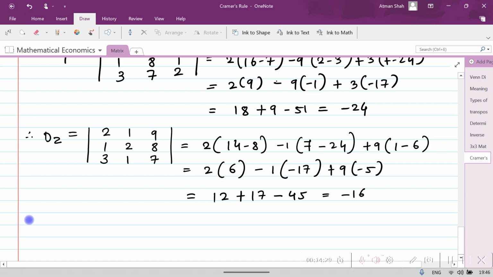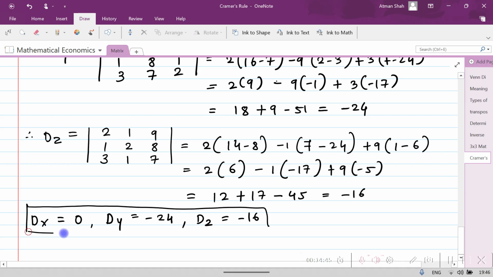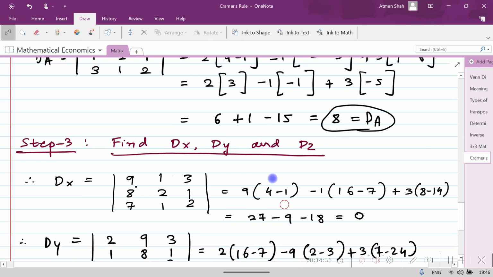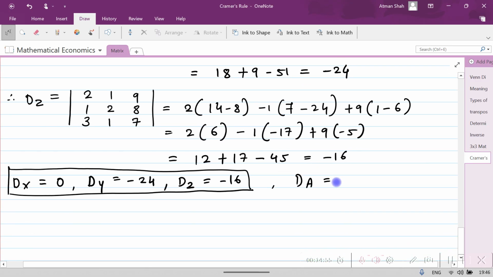So now the determinant of x is 0, the determinant of y is equal to minus 24, and the determinant of z is equal to minus 16. And the value of the determinant of A is 8.